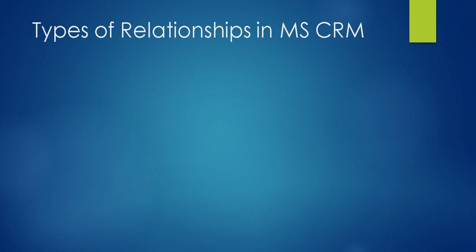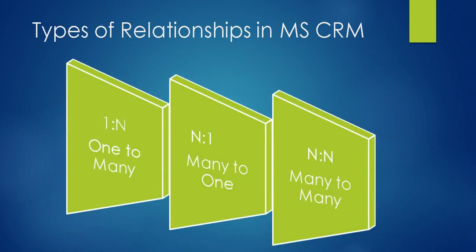Types of relationship in MSCRM. We have three main types available in Dynamics 365. That is 1:n, which means 1 to many, n:1, which means many to 1, n:n, which means many to many. Like we have for an example, I have two entities in the name of employee and employer.